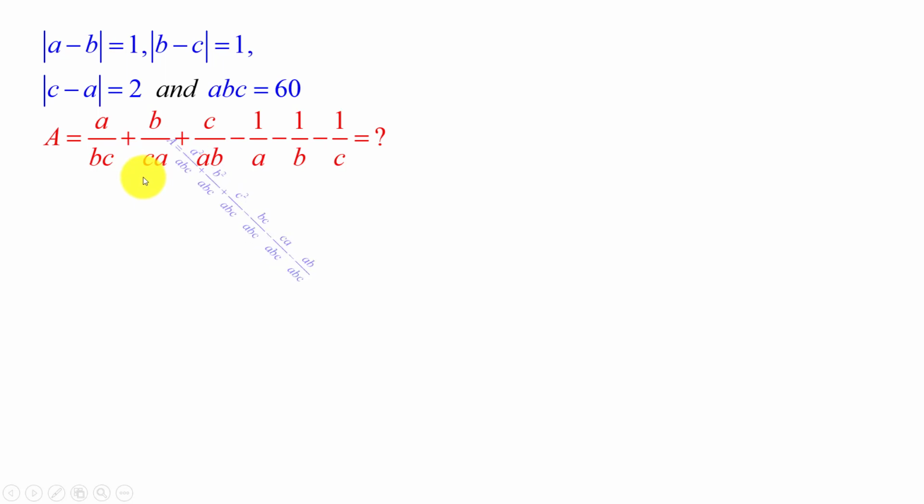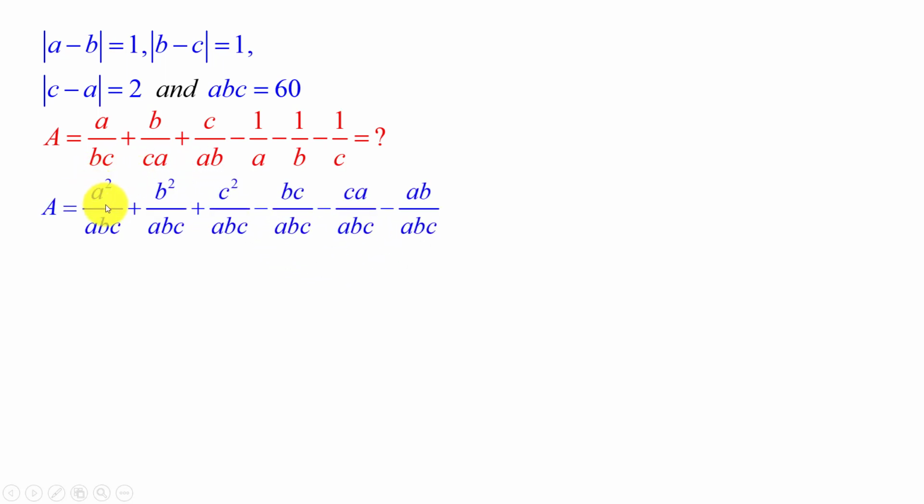If we have a, I can write it as a squared over abc. This we simplify, so we get a over bc. And this also we simplify, we get b over ca. And plus this we simplify, we get c over ab. And if we simplify it, we get 1 over a, and this also like this.